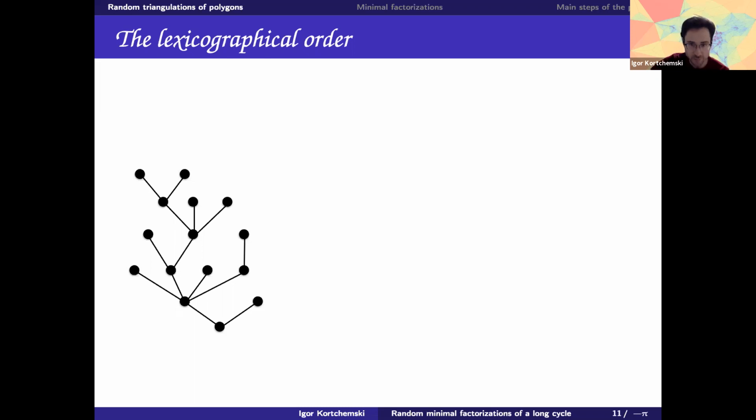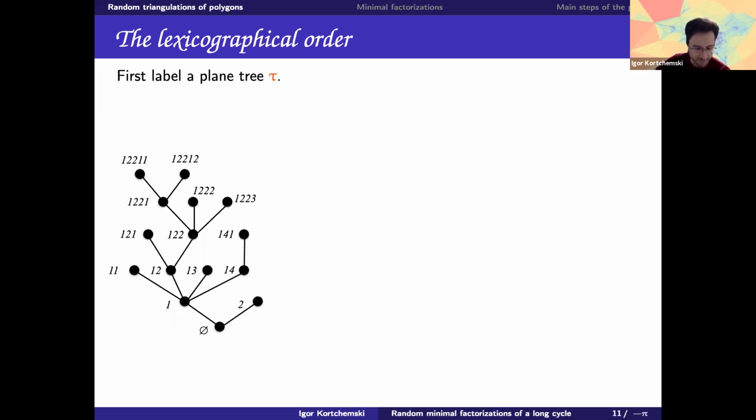So more formally, if we have a plane tree like this, we start by labeling it: empty set the root, 1, 2, the children of the root, 1 1, the first child of 1, 1 2, the second child of 1, 1 3, third child of 1, 1 4, fourth child of 1, and so on. So this is the so-called lexicographical order. Just the labeling of the vertices.